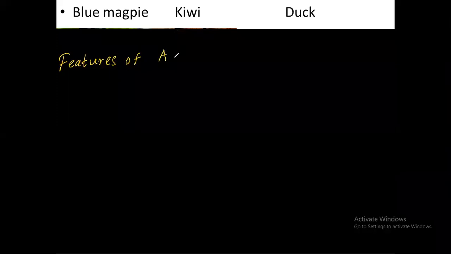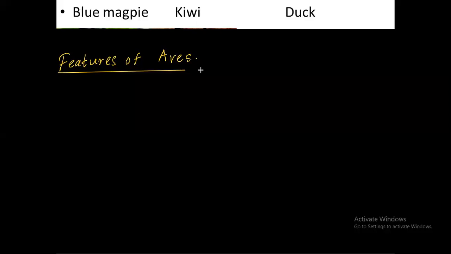Aves means birds. They also have, like fish, a special body shape. What can we say that shape? We are saying they also have a streamline body shape.